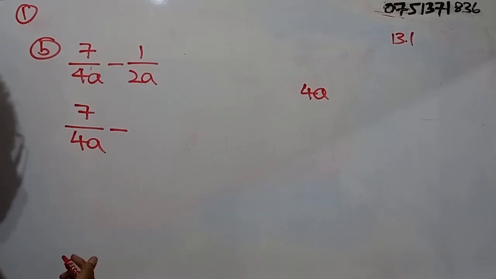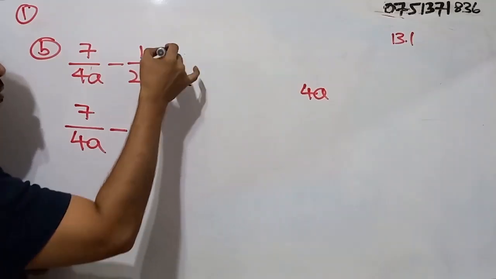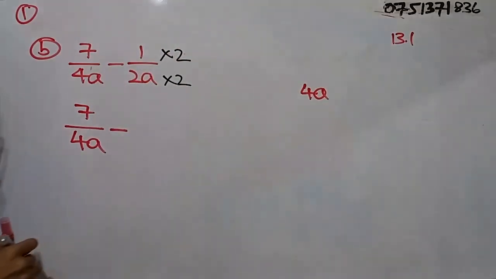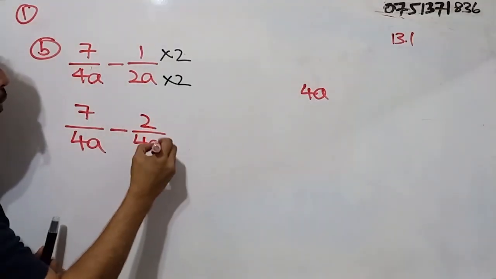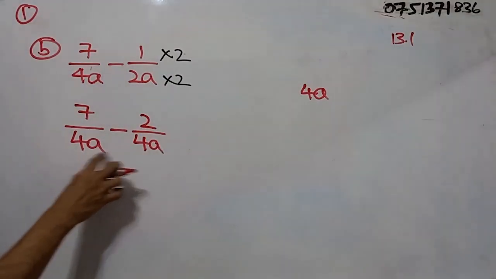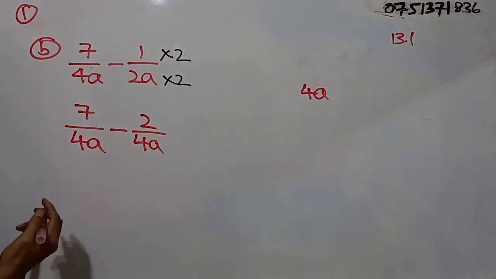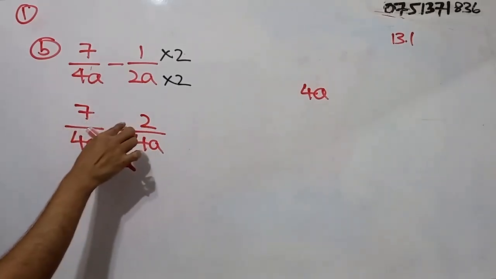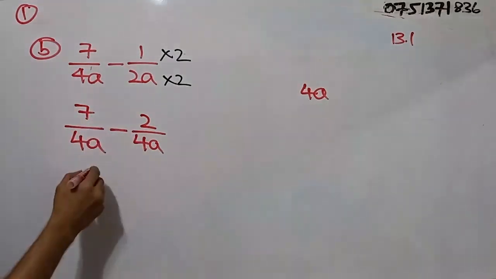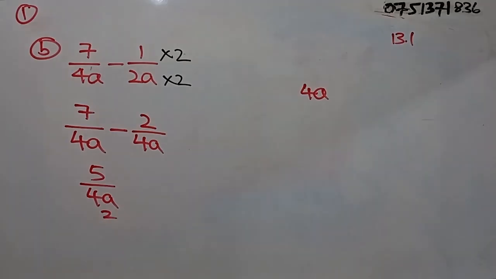We have to multiply that by what? 2. So since we are multiplying the denominator by 2, we have to multiply the numerator by 2 as well, right? So what do we have? 2 by 4a. Now we have two fractions where the denominators are the same, right? So we can simplify the numerators and get our answer. 7 minus 2, that's a 5. 5 by 4a. So that will be the answer.